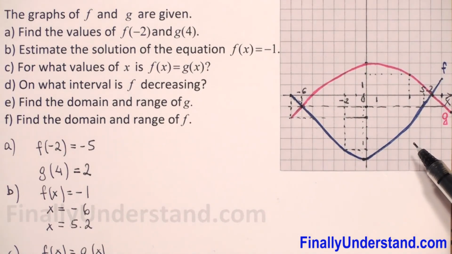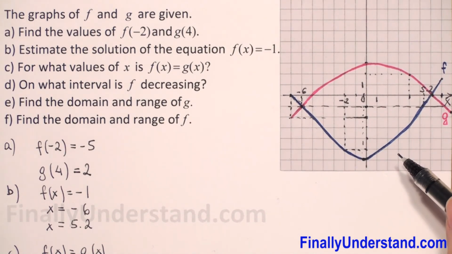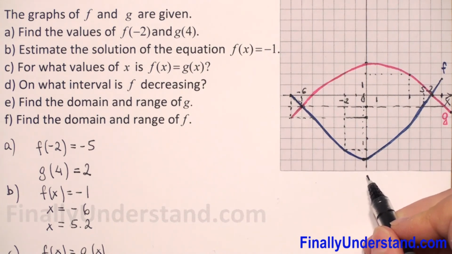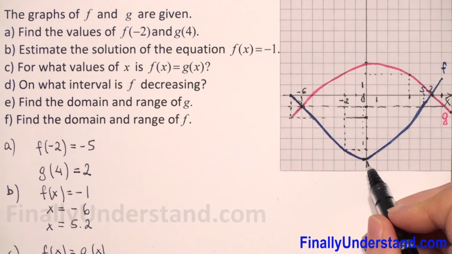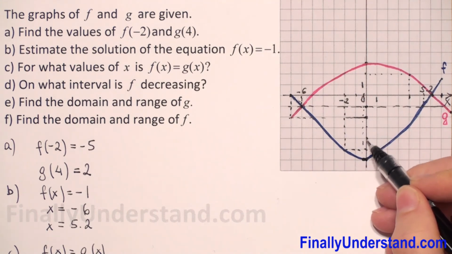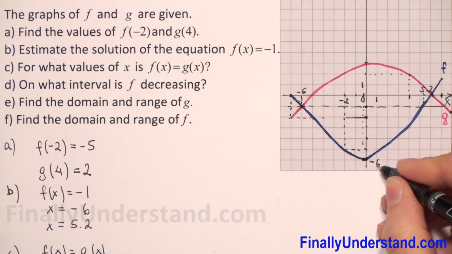And now we have to look at our range. When we have to find the range, it means we have to walk on the y-axis. And we always start from the negative value. The graph of the f function starts from that point. This is, let's see, negative 1, 2, 3, 4, 5, 6. It's negative 6.